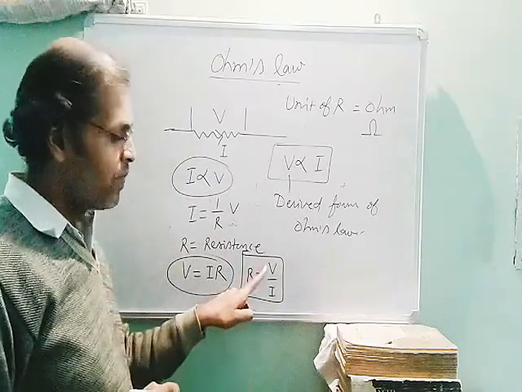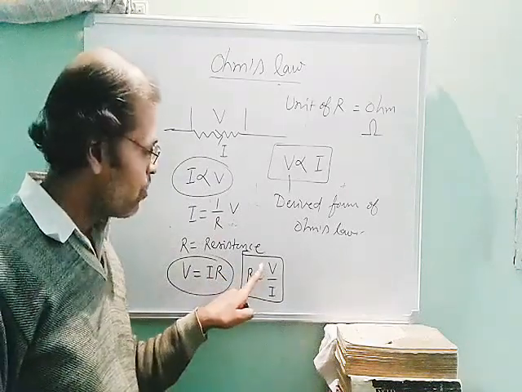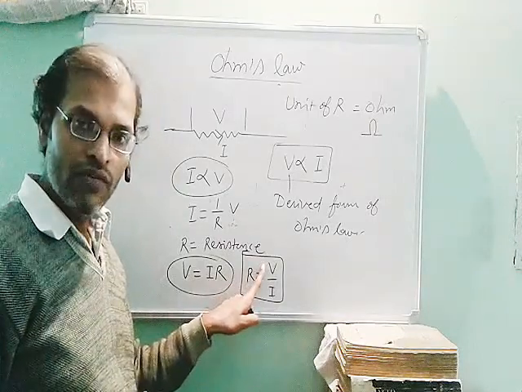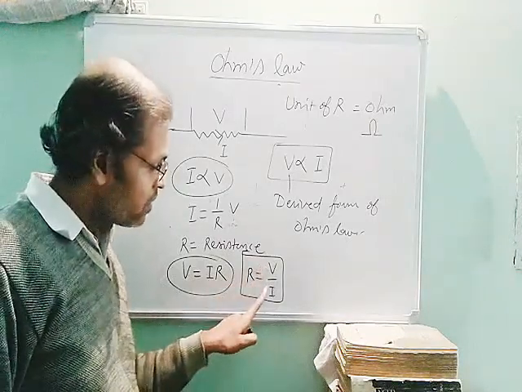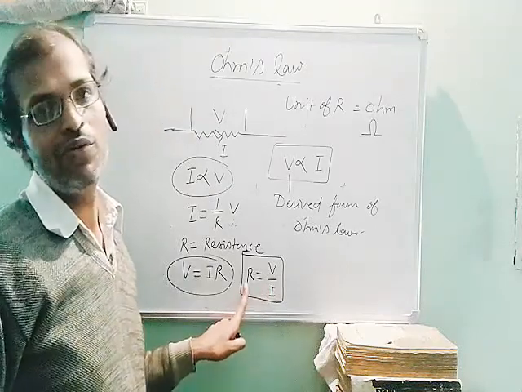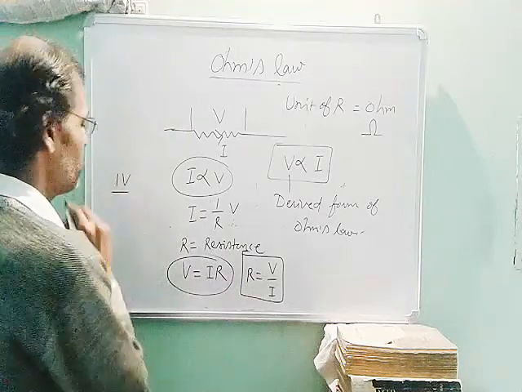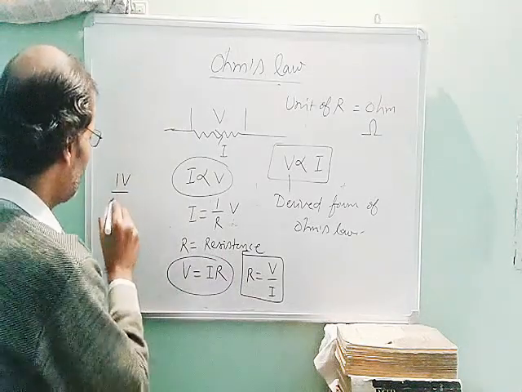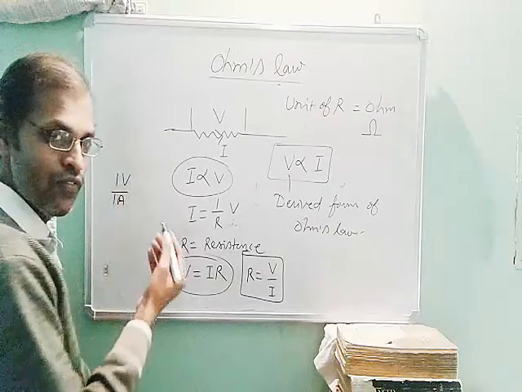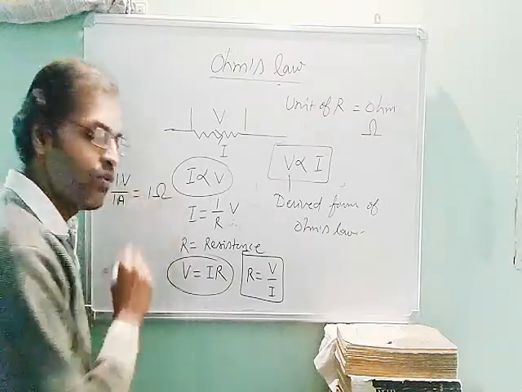Suppose you apply 1 volt potential difference and the current is 1 ampere. Then the resistance will be 1 ohm. If 1 volt potential difference is applied, 1 ampere current flows, then the resistance will be 1 ohm.